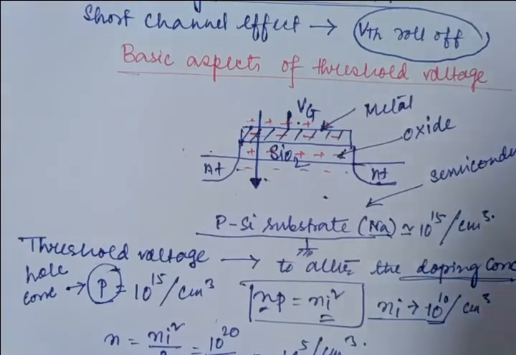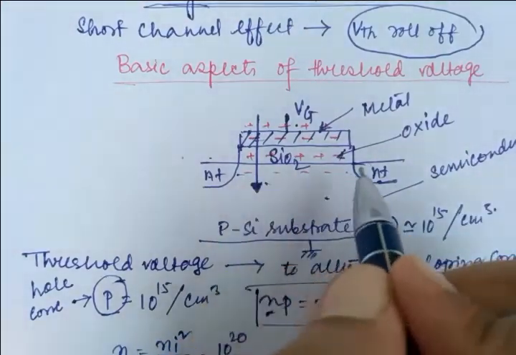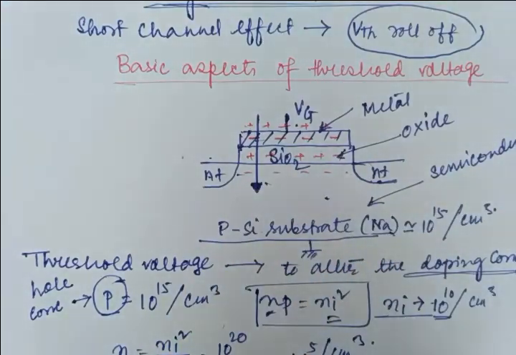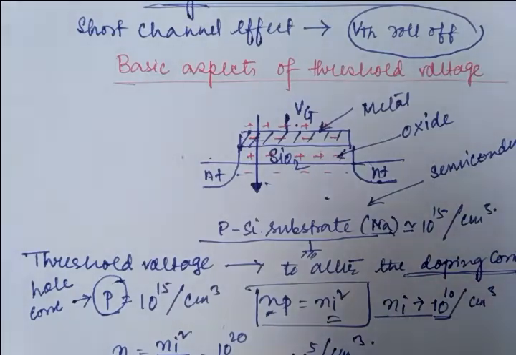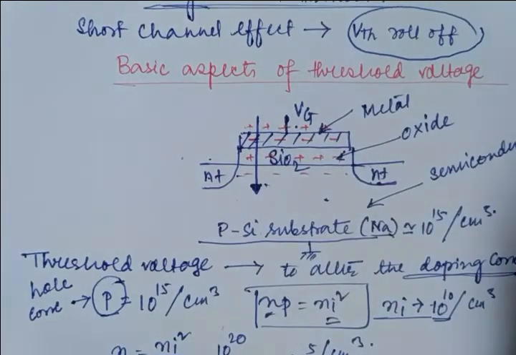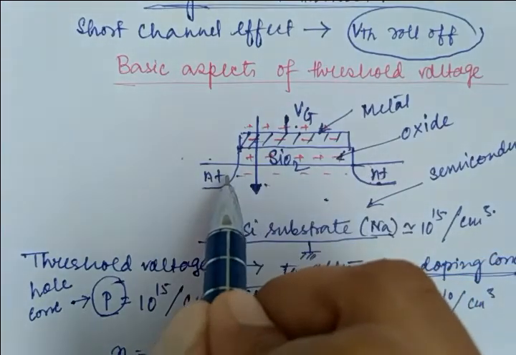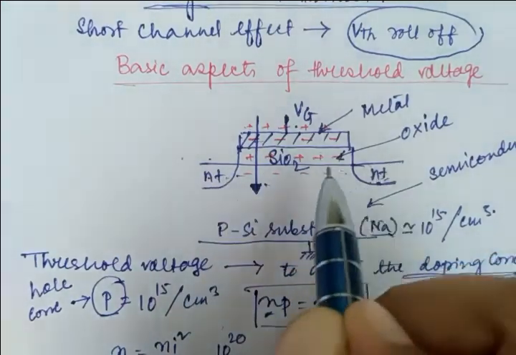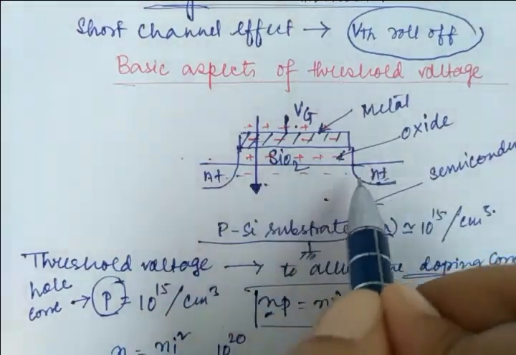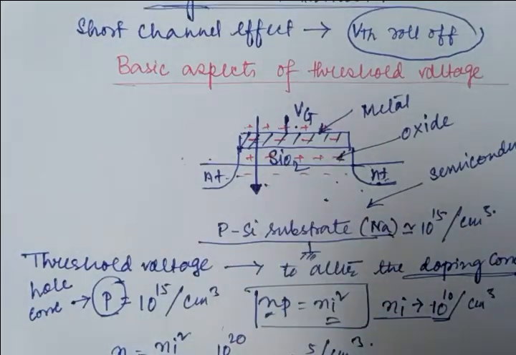So that's why I am saying that we need to create the electron channel, and the electron concentration and the hole concentration should be equal. Right now it is 10 to the power 5. It has to be increased to 10 to the power 15. So we need to create an electron channel in between source and drain, and accumulate the electron concentration, but not the hole concentration.